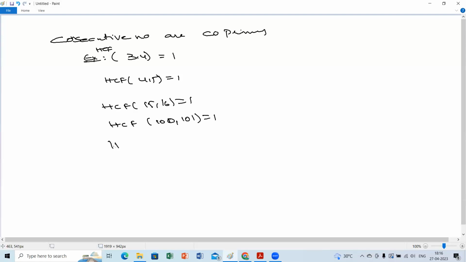HCF of 216 and 215: these are consecutive numbers or not? Yes or no? So it's always 1. By looking only, you can say, children, whenever you get consecutive numbers, you can answer that quickly.